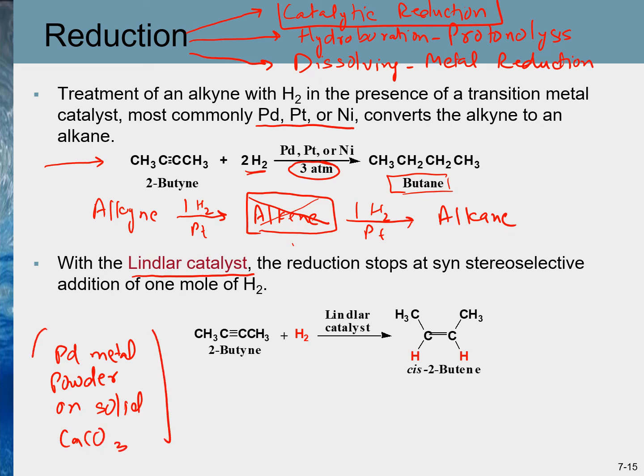So this combination of palladium metal powder on solid calcium carbonate is known as Lindlar's catalyst. Reduction of alkynes over a Lindlar's catalyst is stereoselective, and the product obtained is a cis alkene.